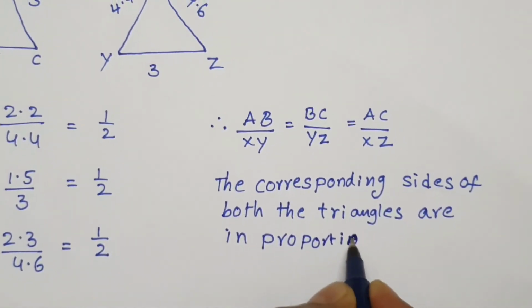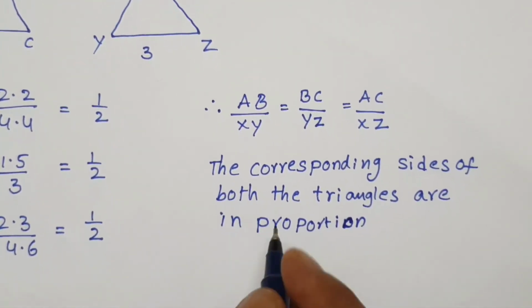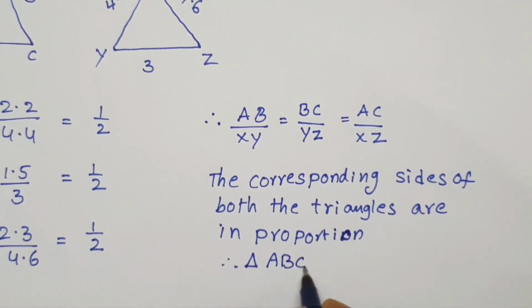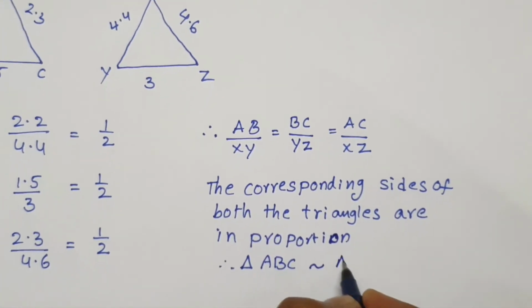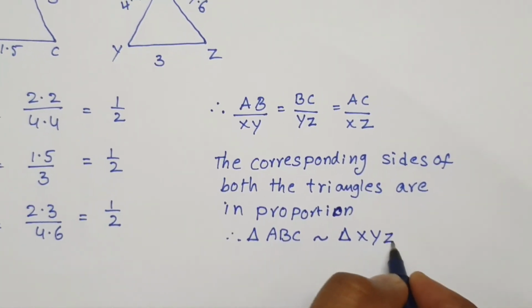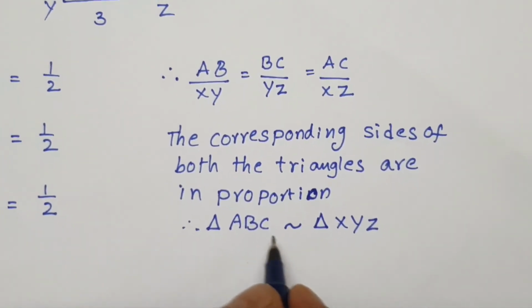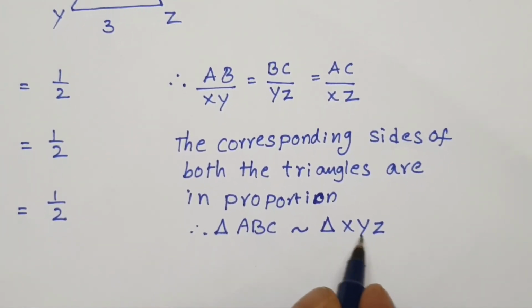Are in proportion means what? Here the sides are in proportion, therefore triangle ABC is similar to triangle XYZ. These two triangles are in proportion, means triangle ABC is proportional to triangle XYZ.